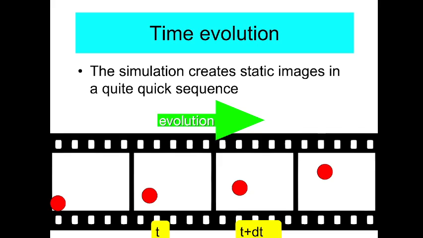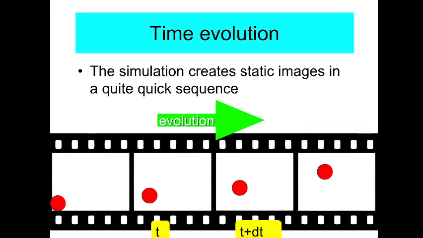So the simulation will produce several frames or images, as you will see down in this picture. And you see this red ball which is in this frame at time t at a given position, and in a later frame at time t plus dt is slightly moved forward. And if the time interval from one frame to the other is so small, then we will see something moving smoothly.